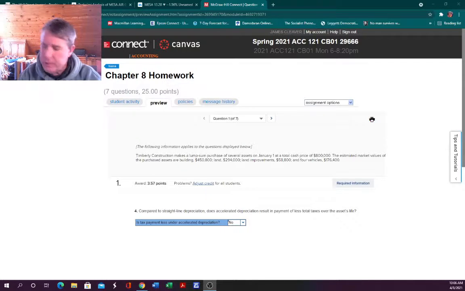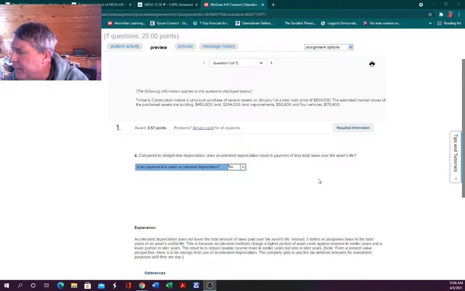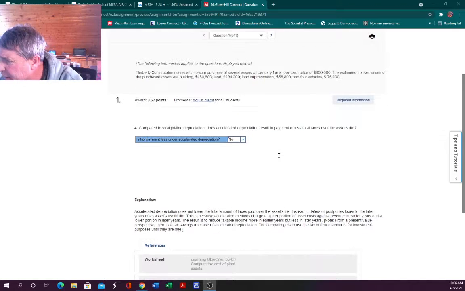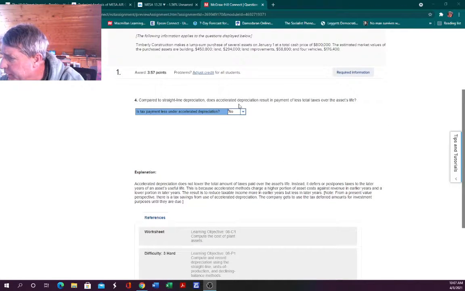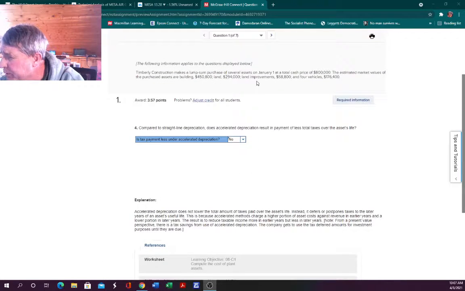So here goes. Chapter 8, number 1 is right here. Kimberly Construction made a lump sum purchase of several assets on January 1st.